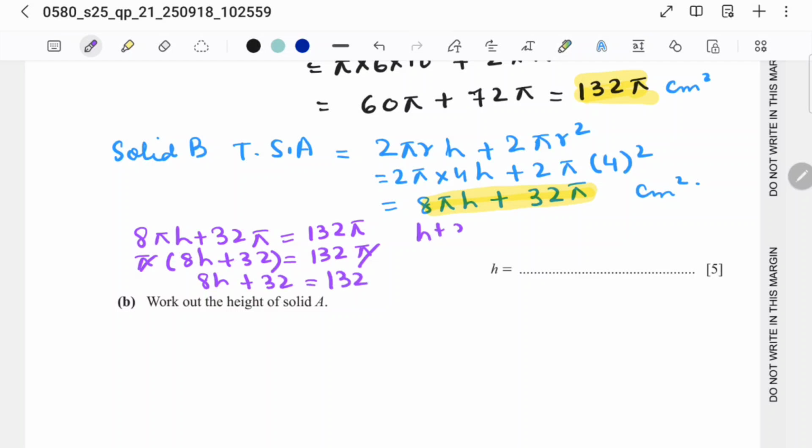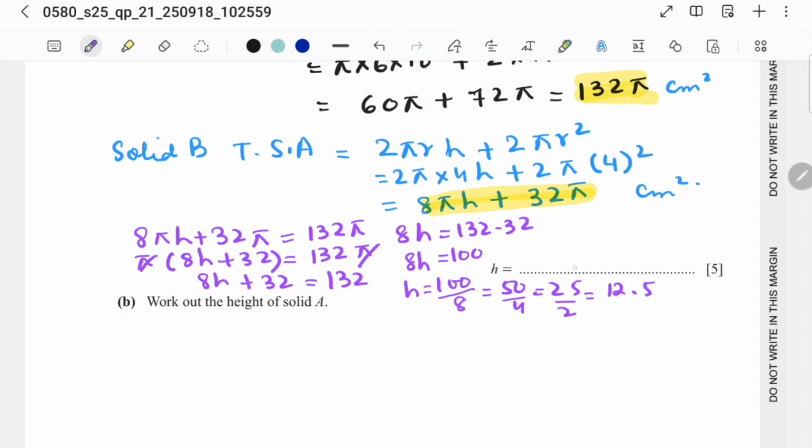So you are going to subtract 32 from 132, that is 100, and then divide 100 by 8, which is 50 upon 4, which is 25 upon 2, which is equal to 12.5. So that is 12 and a half, or 12.5 centimeter, is the height over there.